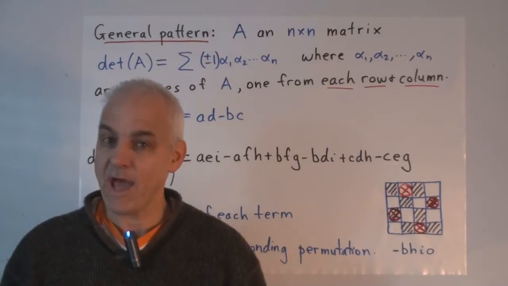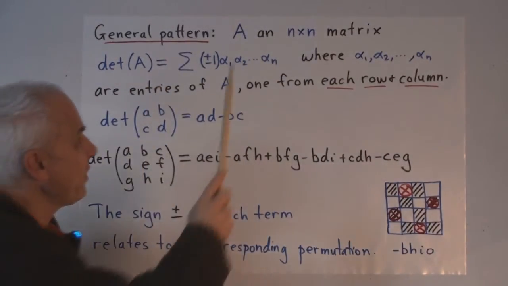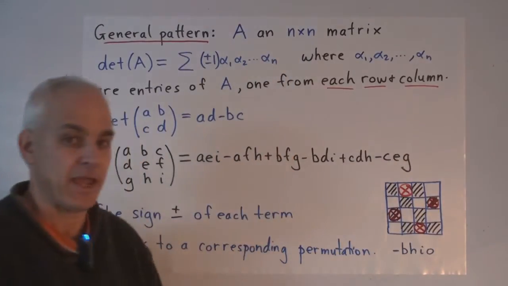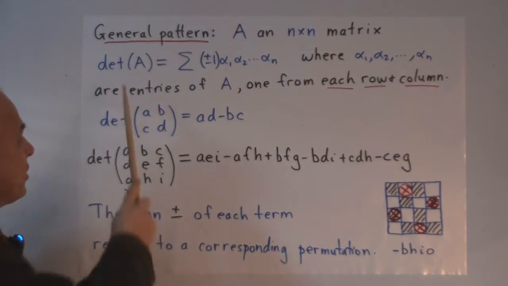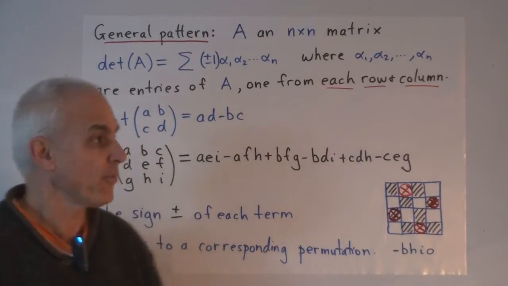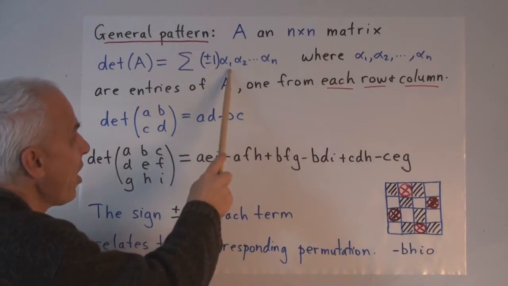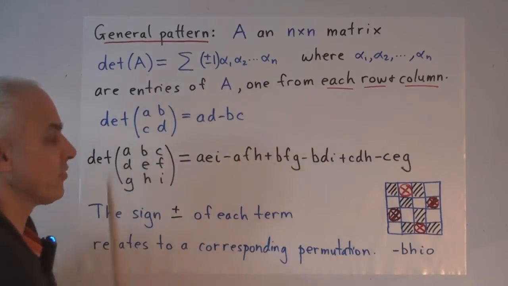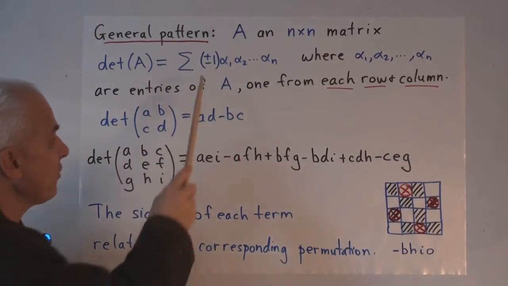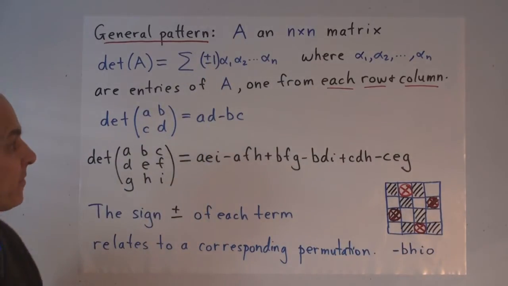So what is the general pattern involved in this definition of the determinant? Well, if we have an n by n matrix A, let us say, then the determinant of A is a sum of terms, each of which looks like this, a product of n different entries of A. Each of them has a plus or a minus 1 in front of it.